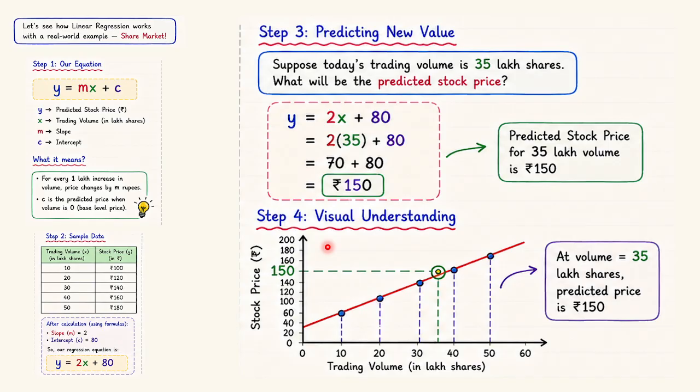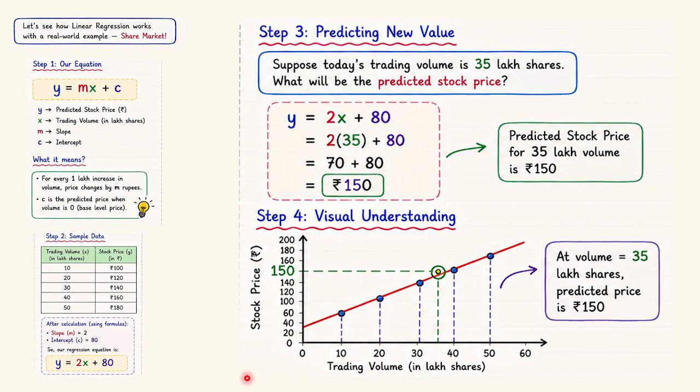Now let's understand the same thing visually. As you can see in this graph, the x-axis represents trading volume and the y-axis represents stock price, right? The red line is our regression line, now we know this. And this line represents the relationship that the model has learned from the data, the relationship between the trading volume and the stock price.